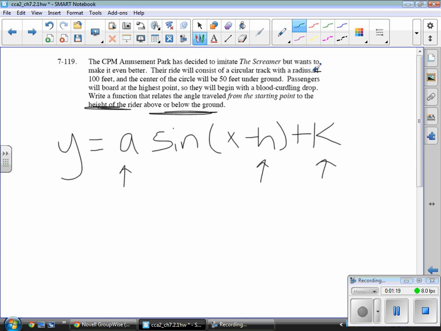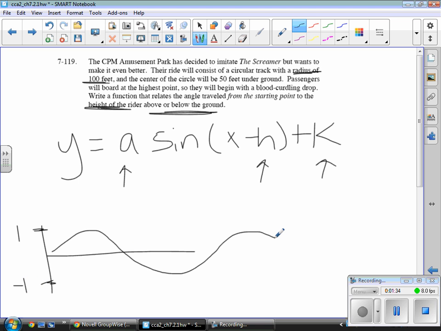It's a radius of 100 feet. If we're talking about the typical sine graph, remember when we graphed it, this was a 1 and this was a -1, and it went between there, right? Well, now it's going up to a radius of 100 feet, so that could be a distance of 100 away from the center, or it could be -100 from the center, or it could be something else, okay?